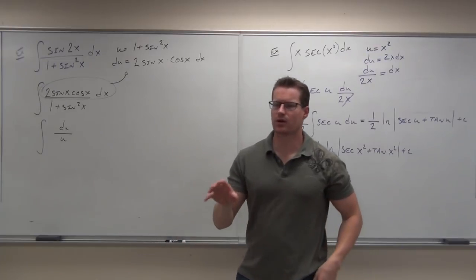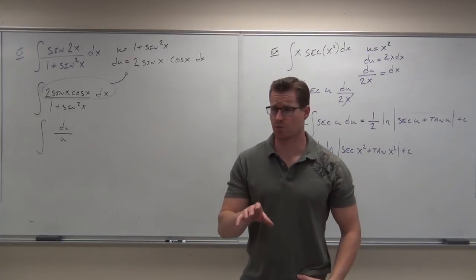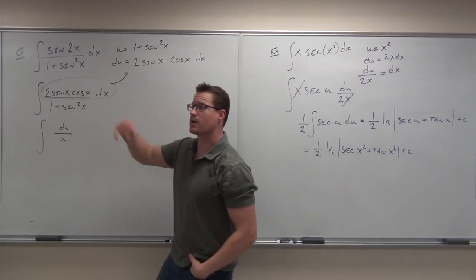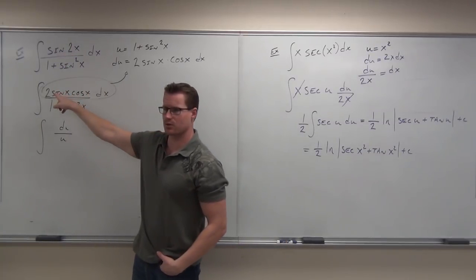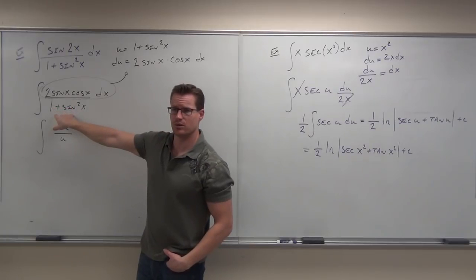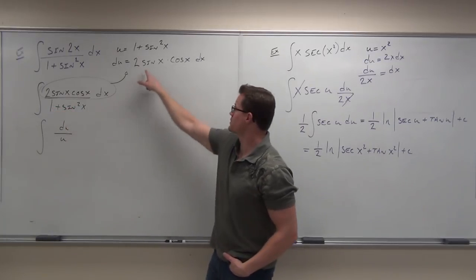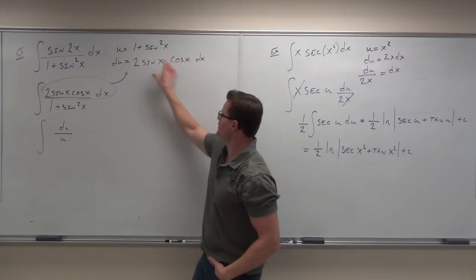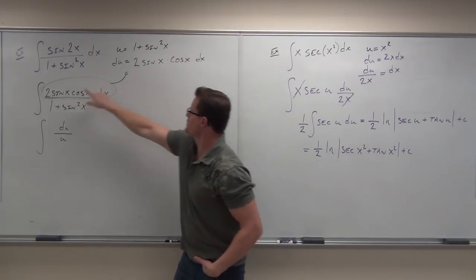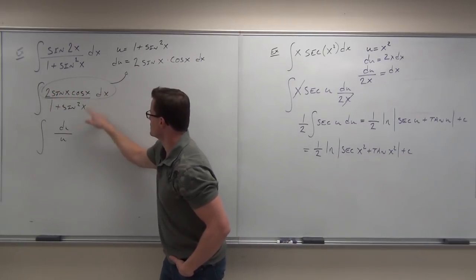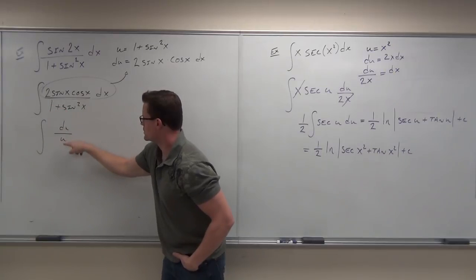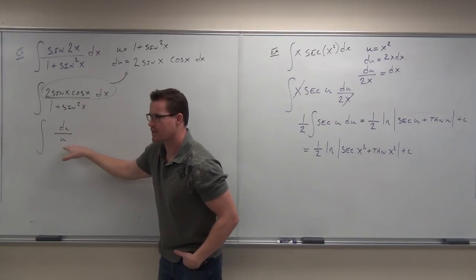I need to make sure that you guys are with me. Are you comfortable with this identity now that I've told you that it's true? Are you okay with picking this as your u? If you are, then the derivative is 2 sine x cosine x. That's literally exactly what we have here. So this piece becomes du, this piece becomes u, and that's a really, really easy integral.